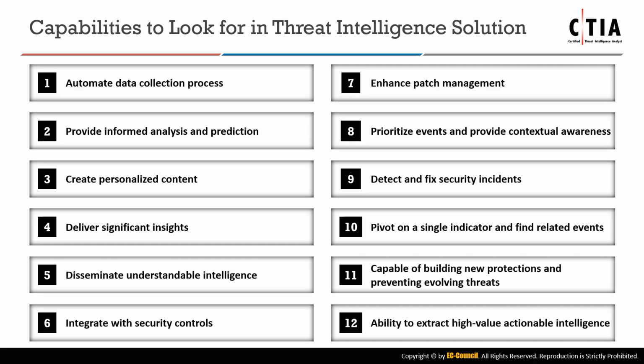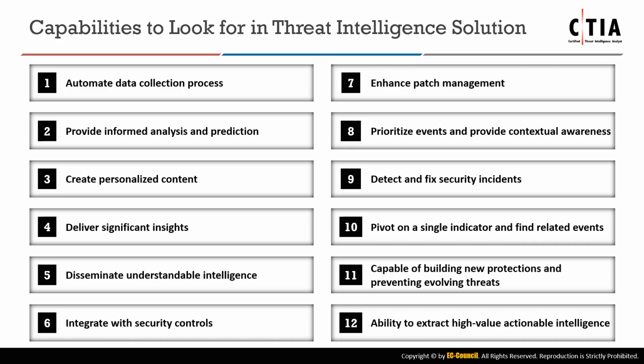Number 11, capable of building new protections and preventing evolving threats. In other words, I have this threat intelligence solution and it does all this great stuff, but I cannot add to it. I can't build into it responses for new types of threats. You want to be able to have that capability to deal with anything new that happens.